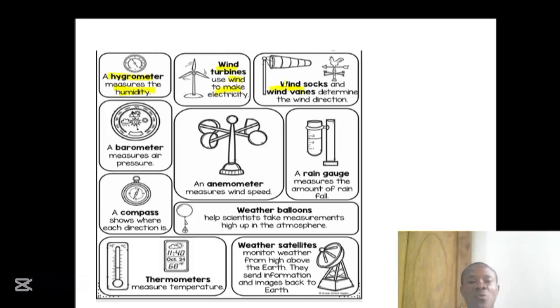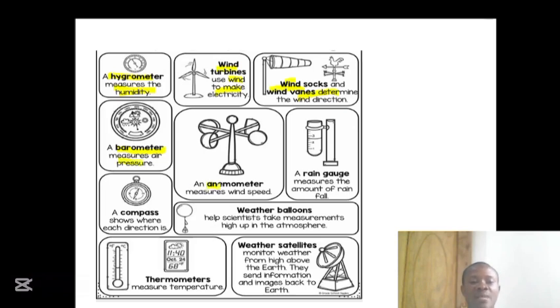And next we have the wind socks and wind vanes. The wind socks and wind vanes, they determine wind direction, how the wind is moving. And we have barometer. This barometer, it measures air pressure.